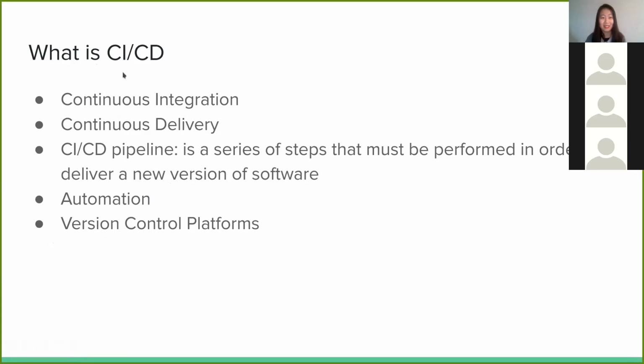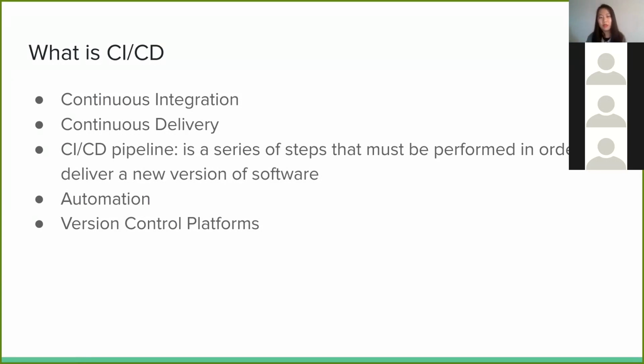So what is CI/CD? Well, CI stands for continuous integration, and CD stands for continuous delivery. Continuous integration basically just means once you update your code locally, you should also update it on your repo. So you should push your code as fast as you can and merge your code with the current code base.